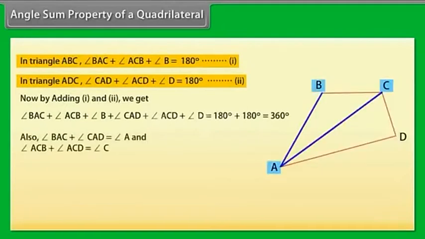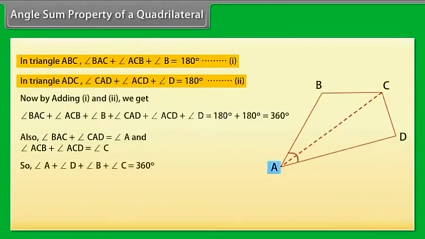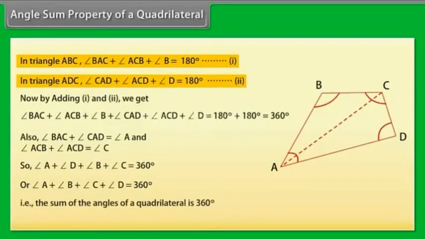Also, angle BAC plus angle CAD is equal to angle A and angle ACB plus angle ACD is equal to angle C. So, angle A plus angle D plus angle B plus angle C is equal to 360 degree, or angle A plus angle B plus angle C plus angle D is equal to 360 degree. That is, the sum of the angles of a quadrilateral is 360 degree.